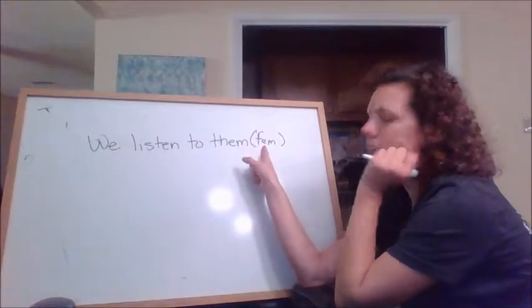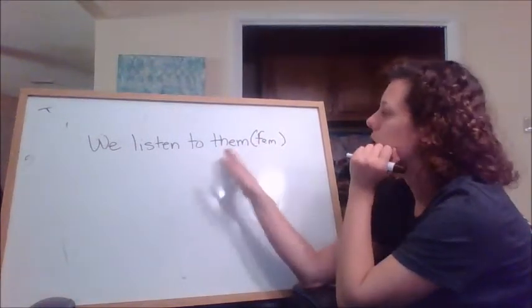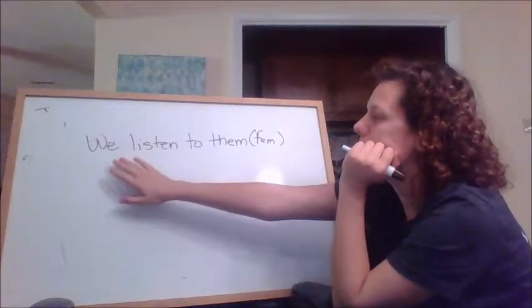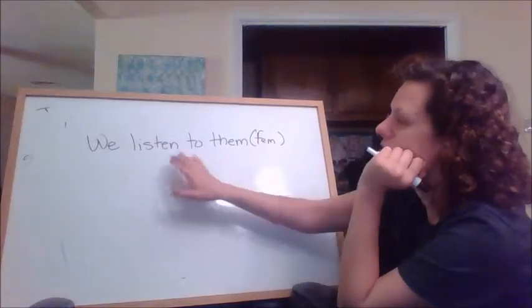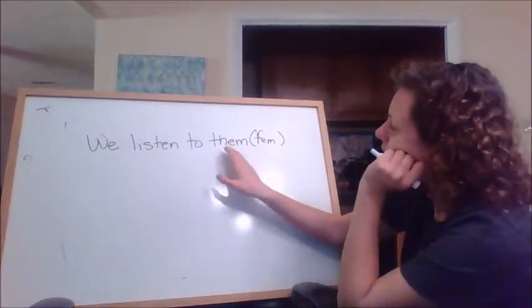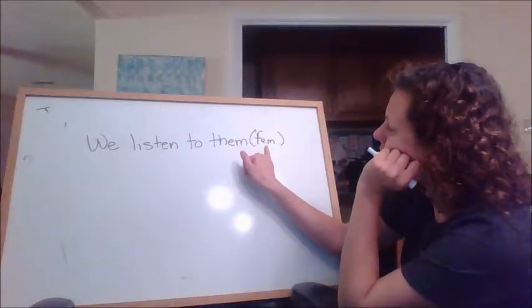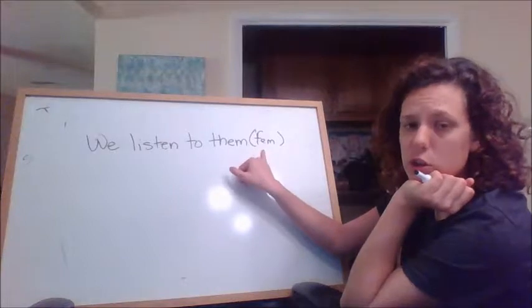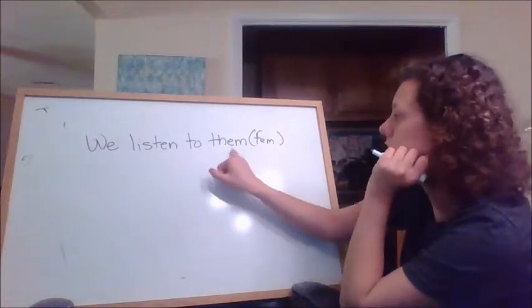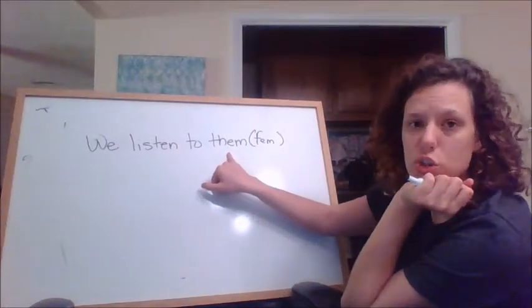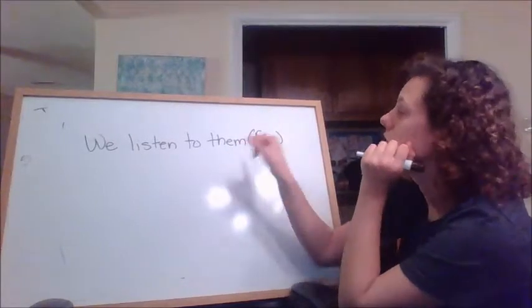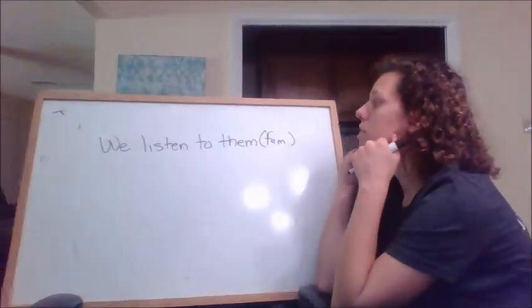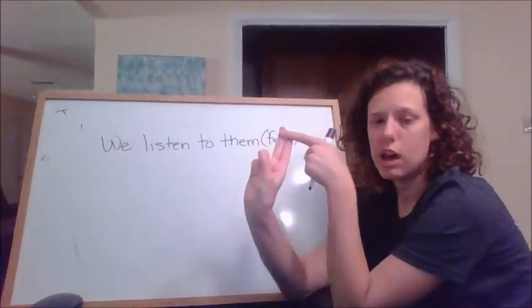I'm going to tell you if I might have something like we listen to it, like the lesson. I'm going to give you the gender of the it or them. Okay, so you have to make sure that you replace the direct object pronoun with the correct gender of the object pronoun in Spanish. So them is either going to be los or las because it's plural.